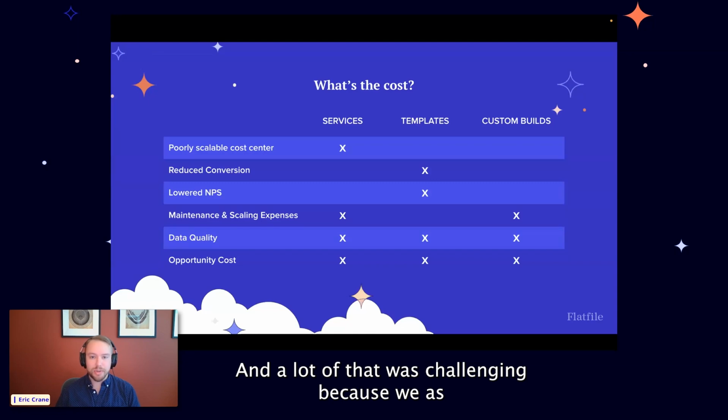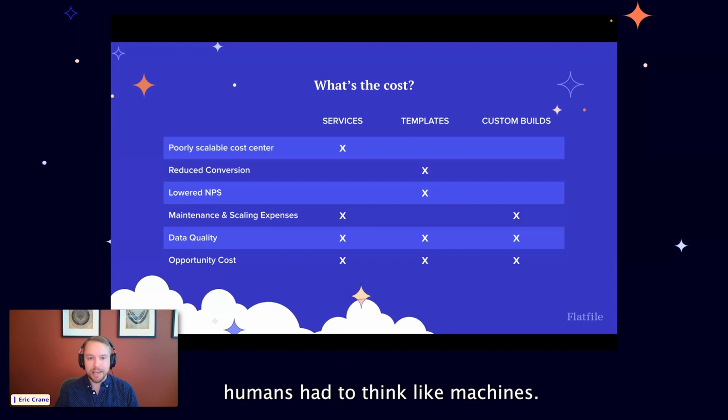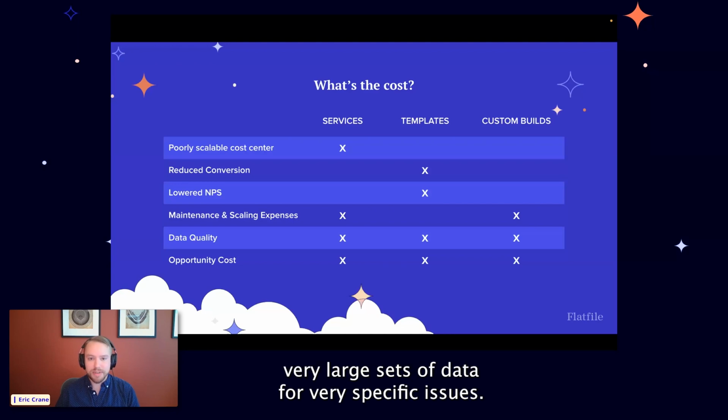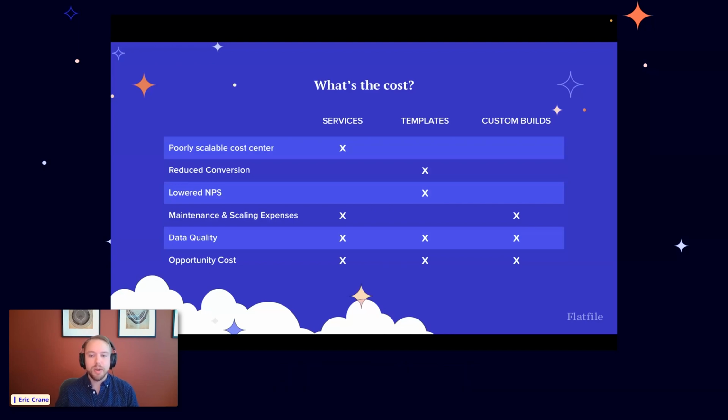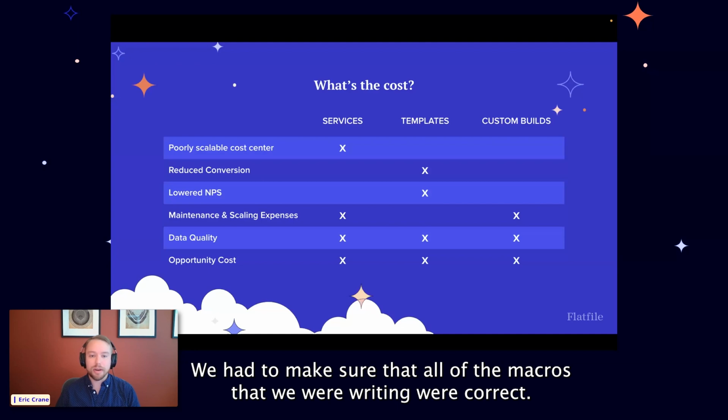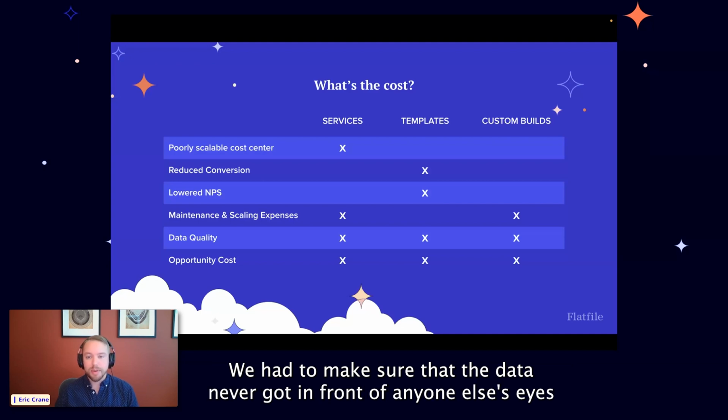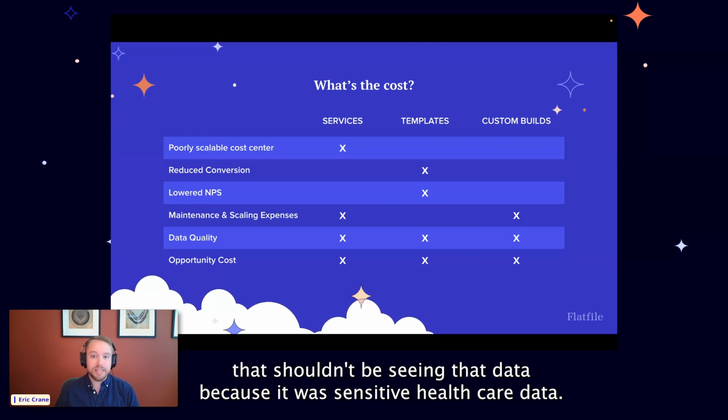And a lot of that was challenging because we as humans had to think like machines. We had to be able to go and review very large sets of data for very specific issues. We had to make sure that all of the macros that we were writing were correct. We had to make sure that the data never got in front of anyone else's eyes that shouldn't be seeing that data because it was sensitive healthcare data.